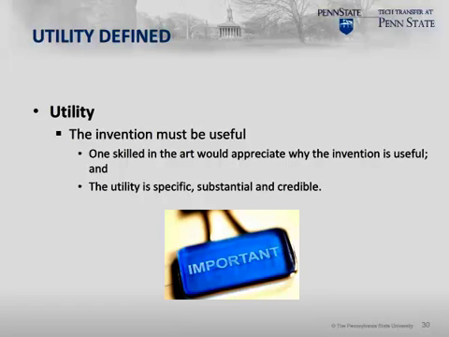Utility must also be specific, substantial, and credible. Using the matrix example, the matrix has a specific use, that is, to transport therapeutic agents across the blood-brain barrier. It has a substantial use, can be used in a variety of treatment options, for example, time delivery, brain cancer, and it is credible. The invention functions for the purpose it was made.